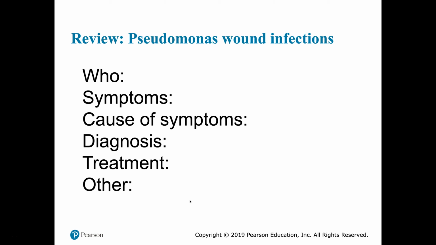Treatment: as I said, there are many strains that are antibiotic resistant. We usually try broad spectrum and narrow spectrum. So we start with broad and then go down to narrow spectrum. However, there's something we have to do first before we actually give antibiotics. We have to go through a process called debridement. Basically, that is scraping all the dead tissue out of the wound, because all that dead tissue is infected.